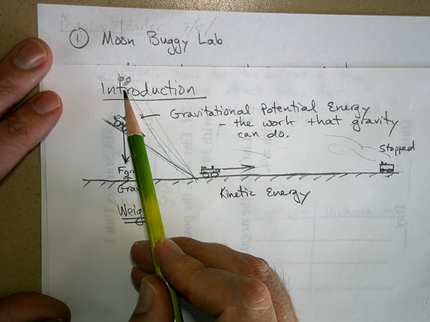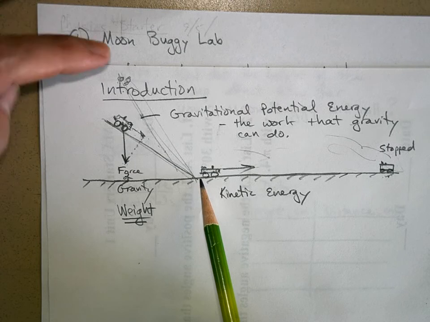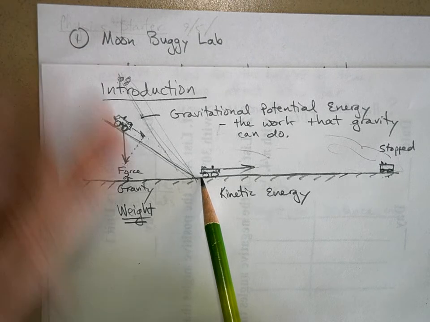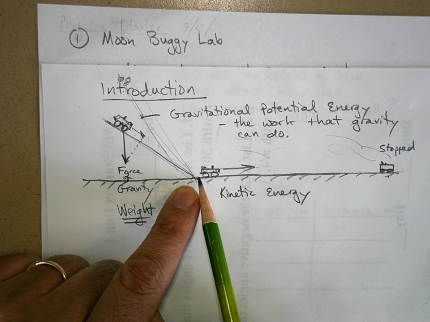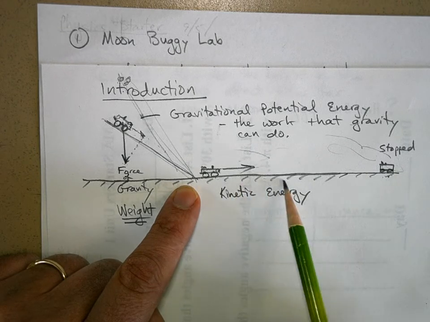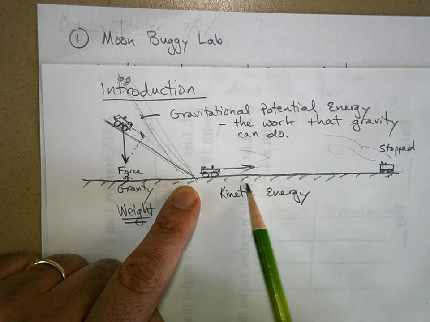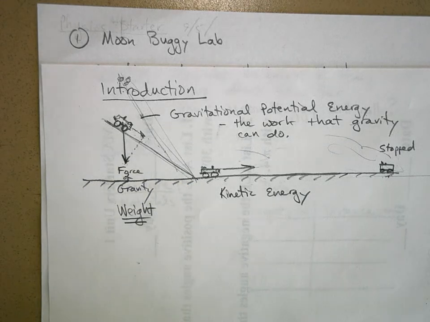So that when the car rolls down, it's got more gravitational potential energy, so therefore it has more kinetic energy, and therefore it's going to take the friction and the air resistance longer to make the car stop. Okay? So that's the energy interaction we're going to look at today. Stay awake, stay with me.